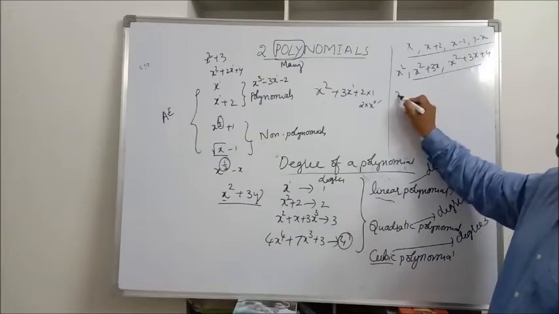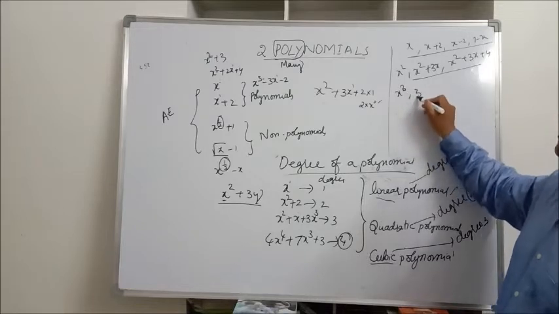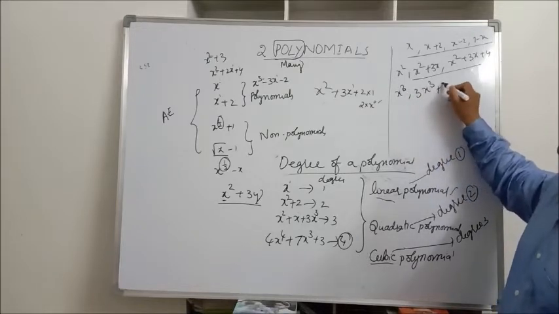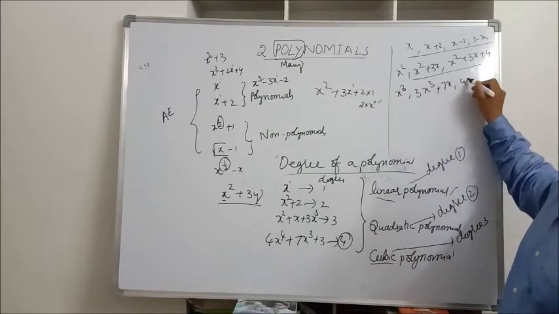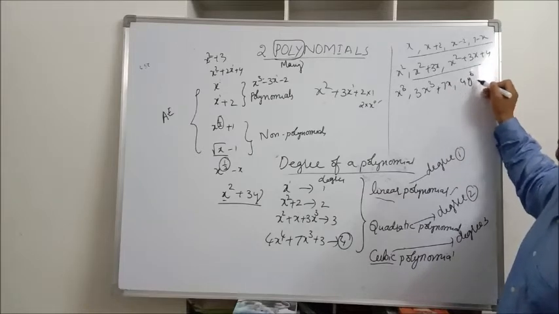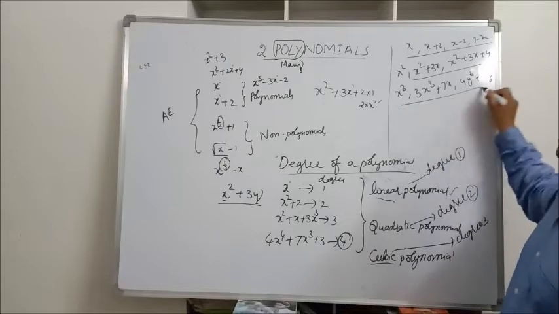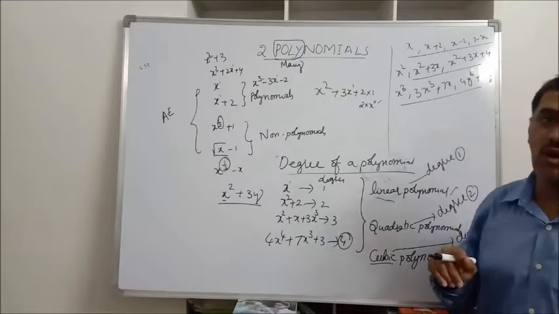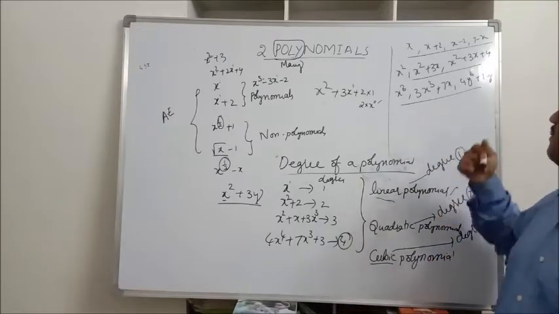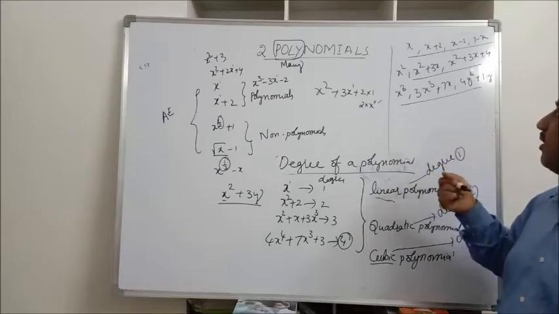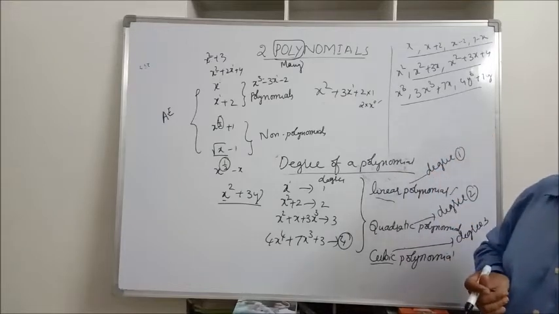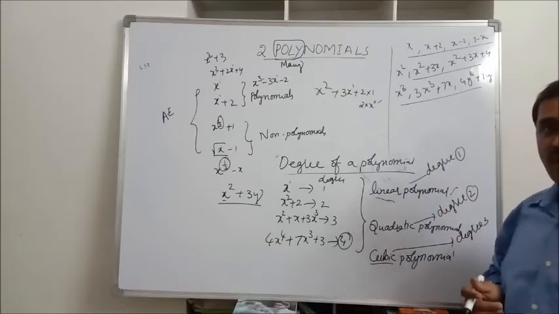Then cubic polynomials: x cube, 3x cube plus 7x, 4y to the power of 3 or y cube plus 7y. These are examples of cubic polynomials.